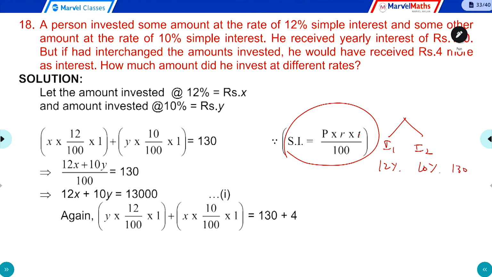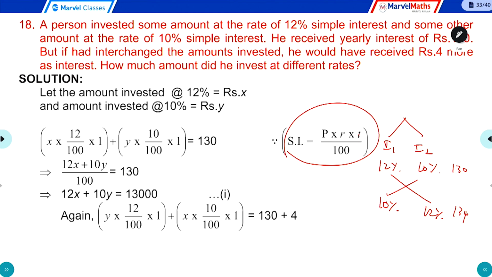But if he had interchanged the amounts invested, he would have received 4 more rupees. That is, if he interchanges this amount, here it is 10% and this becomes 12%, 4 rupees extra. So the total simple interest received by that person is 134 rupees. What is the amount invested in each investment? One of the very simple and very important 5-mark questions.